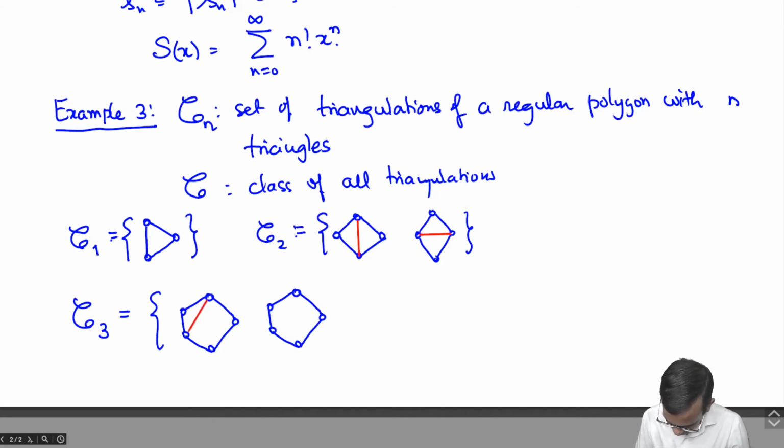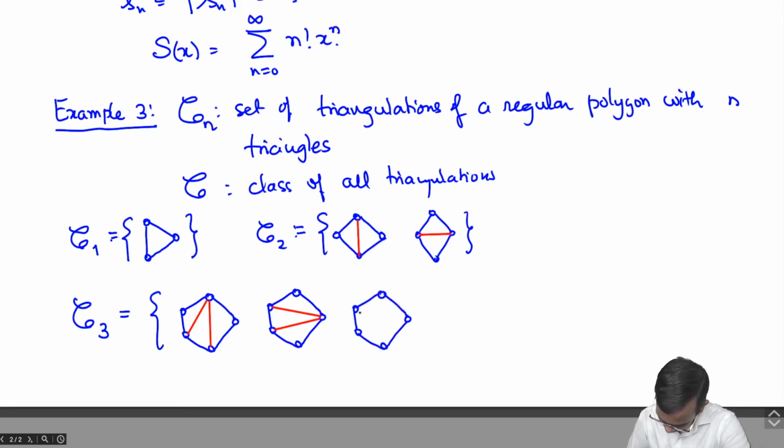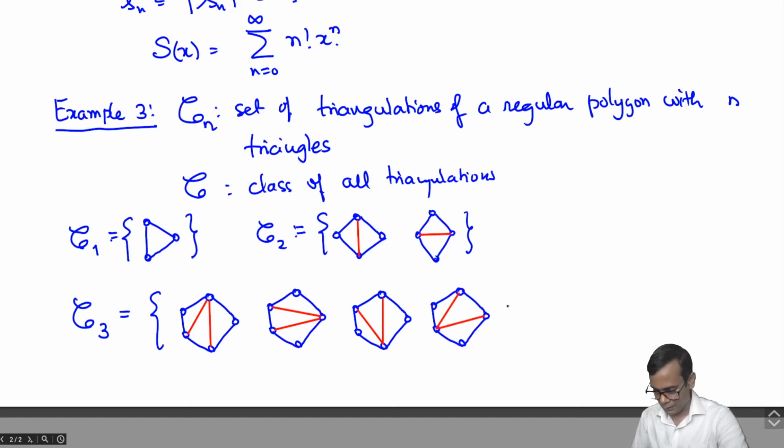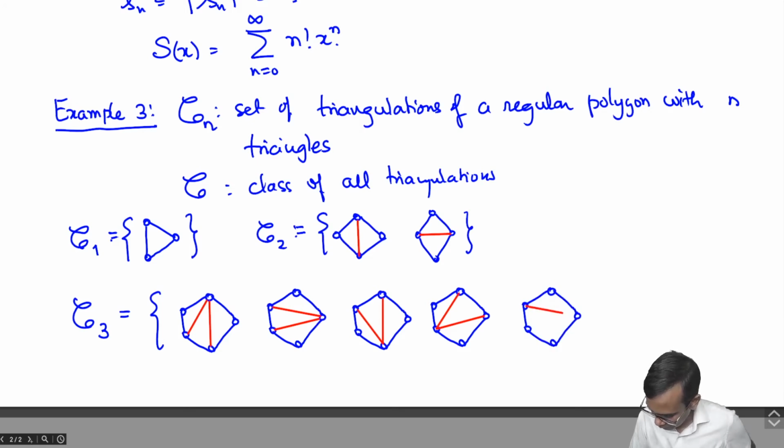I'll just take this vertex and join it to these two. The next I can do is take this vertex and join it to these two. And then the next is I can take this vertex and join it to these two. I can take this vertex and join it to these two. And I can finally take this vertex here and join it to these two.